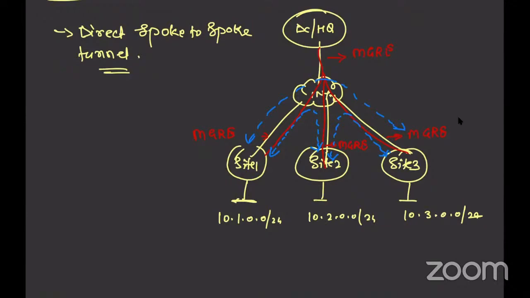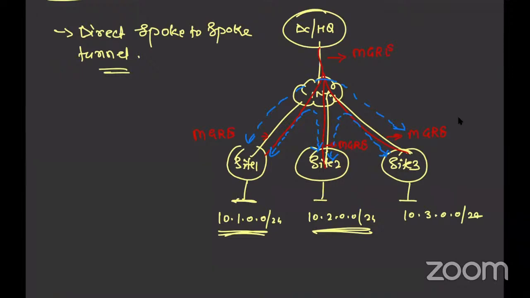In the control plane, it is going to be NHRP, which goes through the data center. So when the update comes from one site to another, it comes via the data center, so you need to change the next hop to self. Okay, sorry, I told you the reverse.